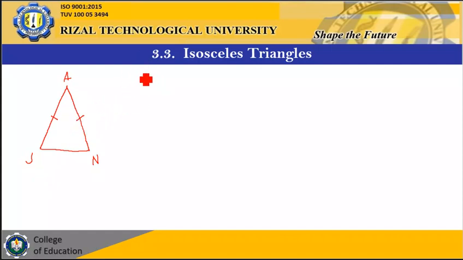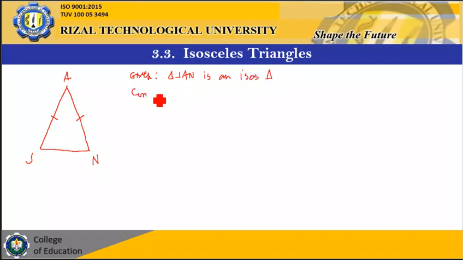So say, for example, that triangle JAN is an isosceles triangle.